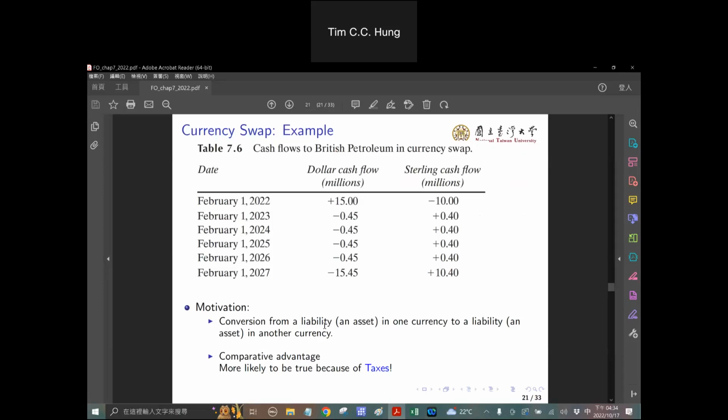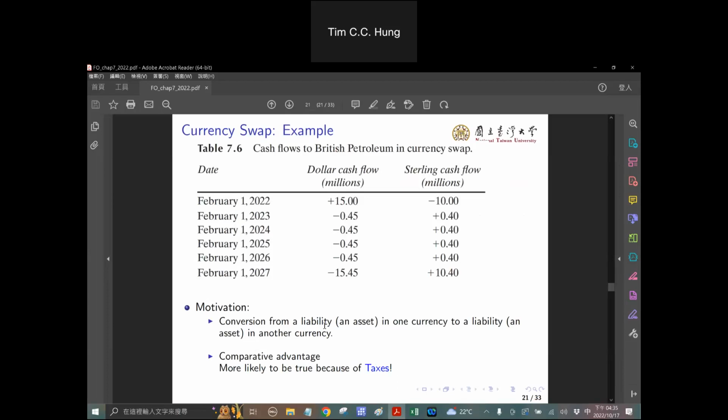So that's the idea about the currency swap. And the comparative advantage argument is even more suitable for a currency swap. If you think about taxation regulations, different countries may have different regulations on different types of currency receipts. It might make quite good sense for companies to do currency swaps. It could also make sense if you think about an international company doing business in a foreign country.